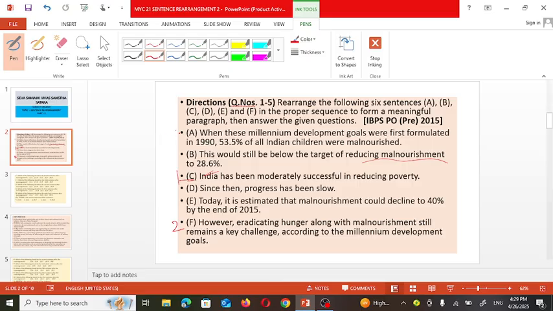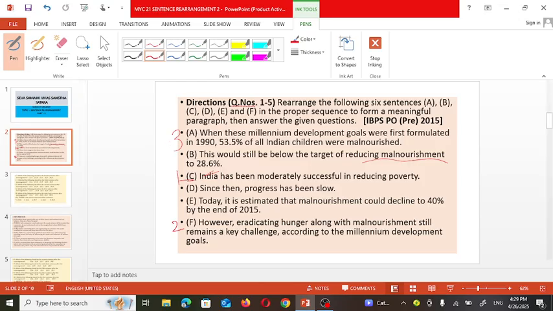So this sentence supports the second sentence. A can be the third sentence here because it tells about the formation of the Millennium Development Goals. Now let's see the fourth statement.